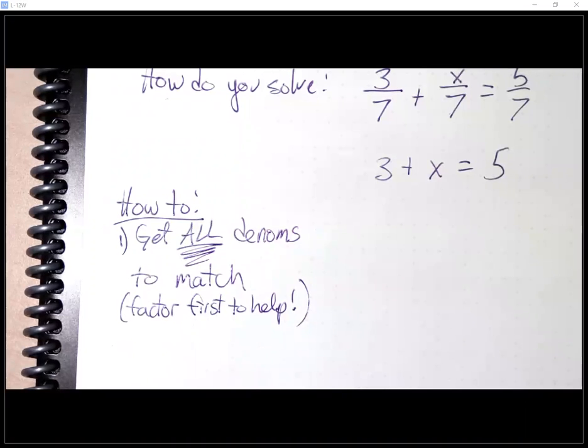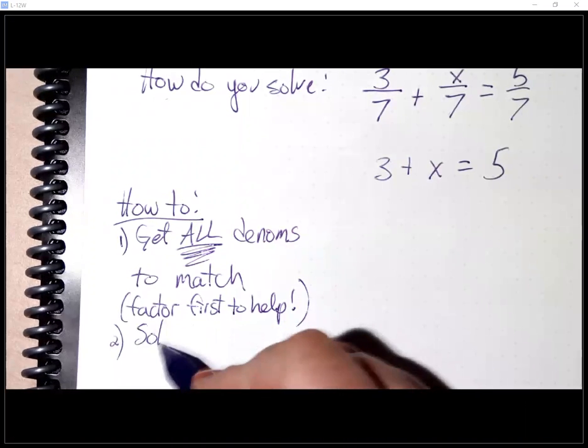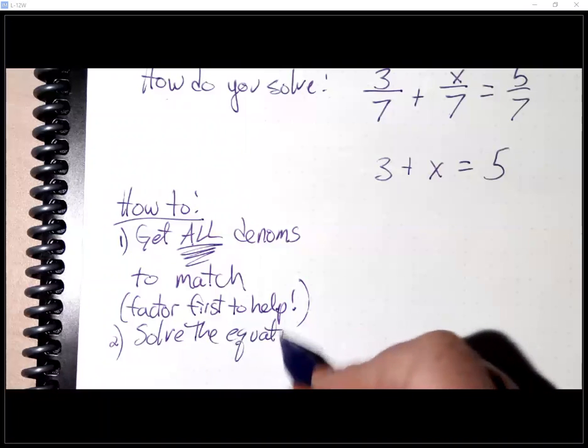If you have a denominator that can be factored, you might want to factor it just to help you figure out, okay, let me figure out who's missing what here. And then step 2, you're just going to solve the equation formed by the numerators.